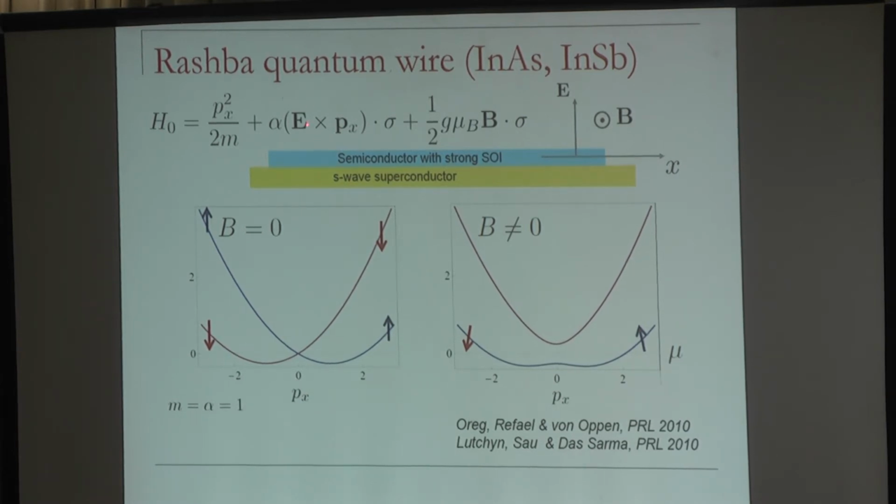And that will look like a vector product of E and p, with some proportionality constant. Of course, this alpha is different from the alpha I just used for mu of x. So this is the magnetic field in the rest system, which couples now to the vector of spin Pauli matrices. That's just the Zeeman splitting as you know it. That's a way to think about spin-orbit coupling. So one sees this type of spin-orbit coupling can also be tuned by gate voltages affecting this electric field. And it is proportional to p, the momentum of the electrons.